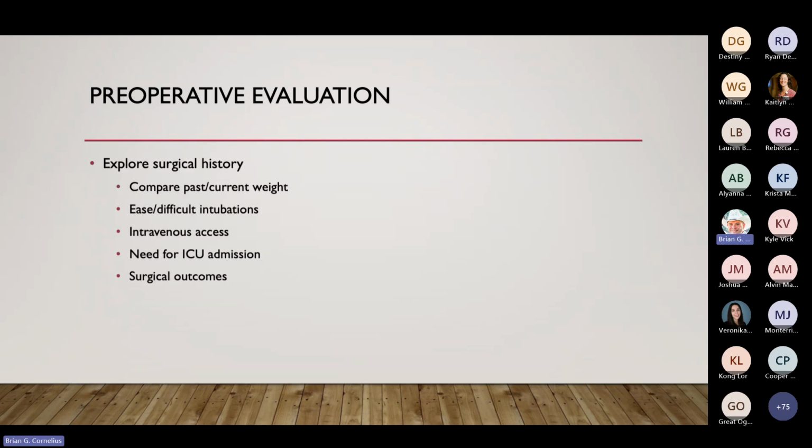Other things to think about, their surgical history, because as I mentioned, especially with the kind of bariatric surgery a lot of these patients have had in the past, they may not be in the same body habitus that they used to be. You'll see that this is somebody that used to weigh several hundred pounds and now they're a lot smaller than that, but they may still have some of the ill effects they did before.